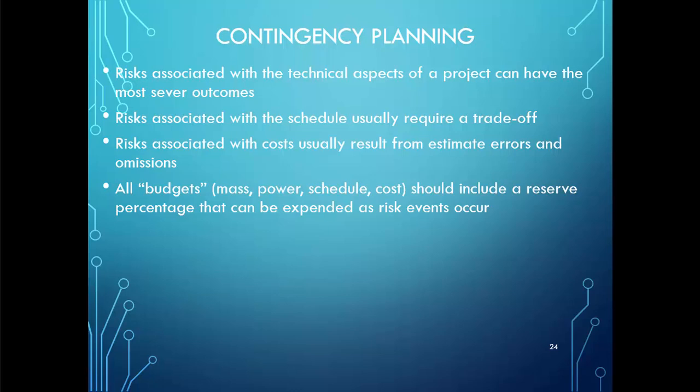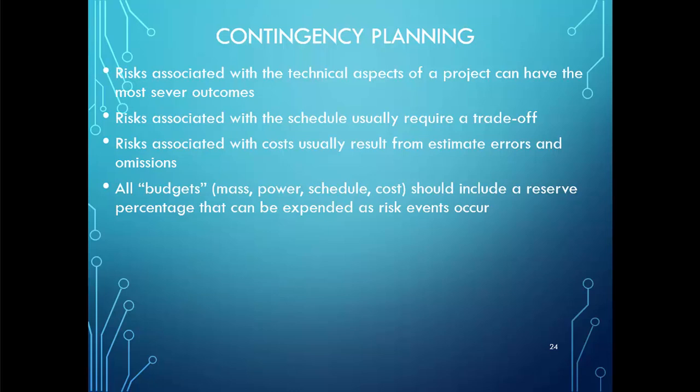Also, risk associated with the schedule, which is usually required to trade off. In this case, we manage slack time to provide resources for delayed components, or we can bring in more people, which might also increase cost or reduce the performance.